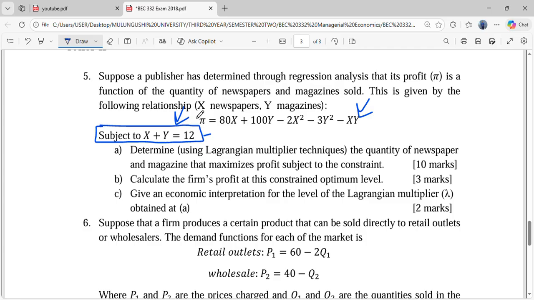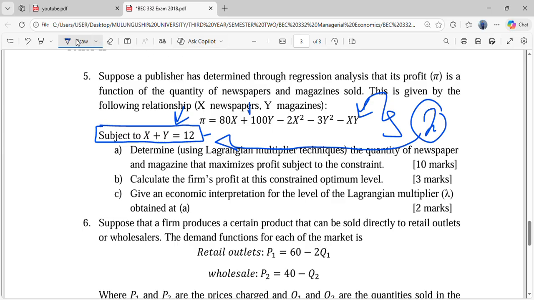When we combine them, we get the Lagrangian multiplier, which we always refer to as lambda. Lambda always multiplies the constraint equation. When we add the constraint equation to the original function, we get the Lagrangian equation.